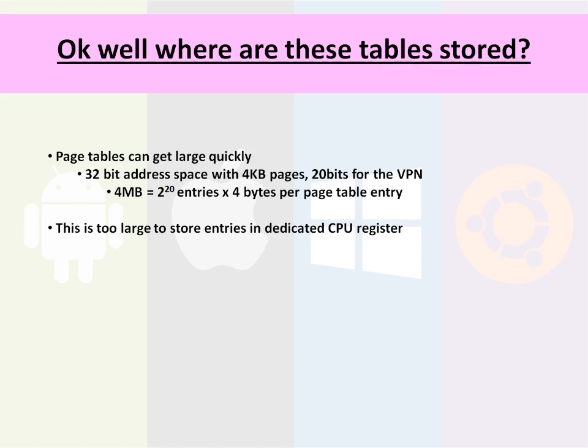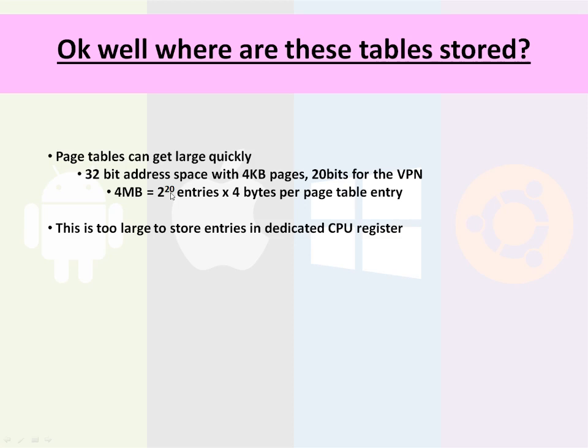So if you have a 32-bit address space with 4 kilobyte pages, so not very big pages in today's age, there are 20 bits for the VPN now. We were only working with 2 bits for the VPN, but in this case there are 20 bits for the VPN. So if you do a quick calculation, each page table becomes 4 megabytes.